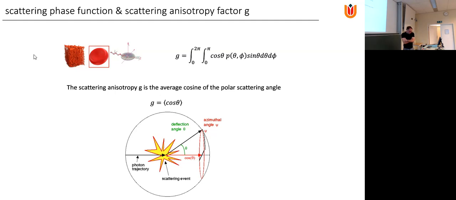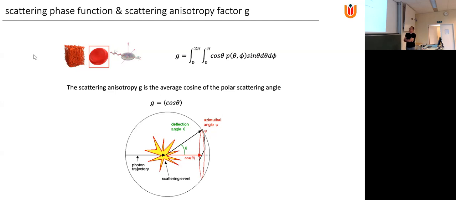Now, this function by itself is not so convenient to work with. If you want to calculate certain properties, then the whole function is a little bit hard to treat. So what we usually do is try to parameterize that phase function into a single parameter that gives us information about how it behaves.